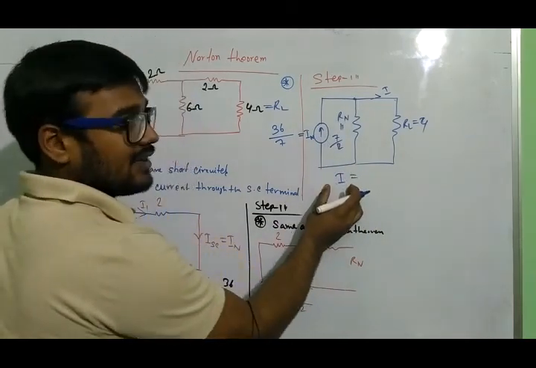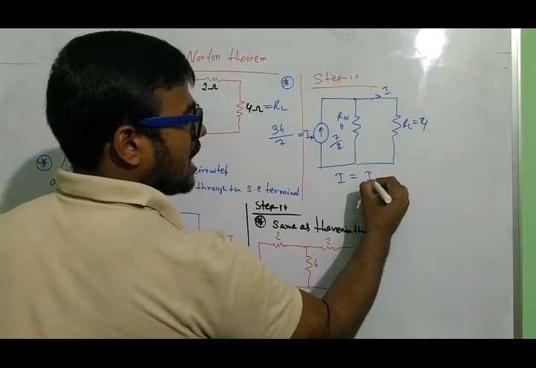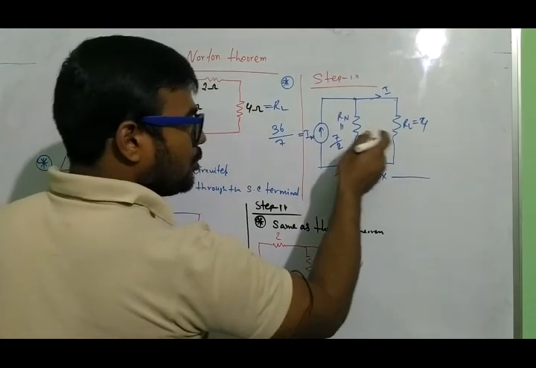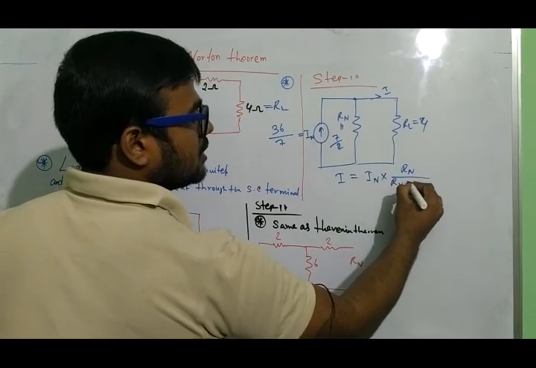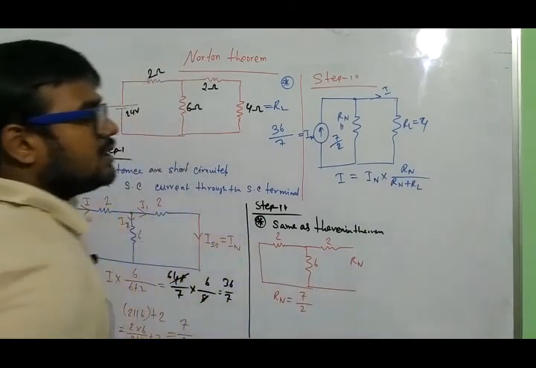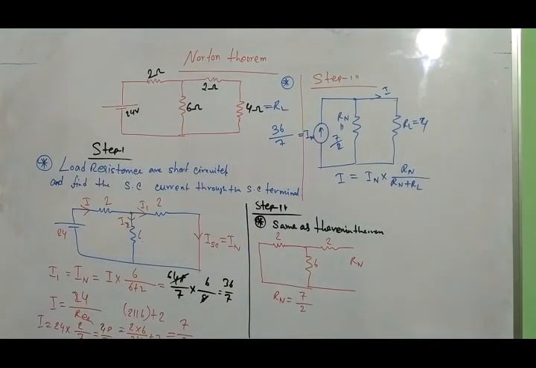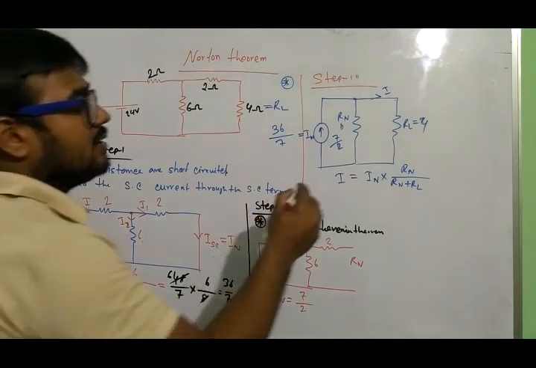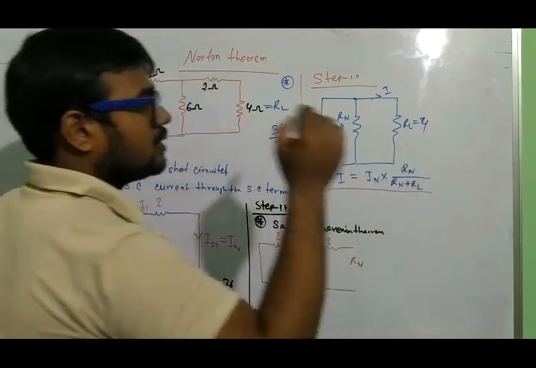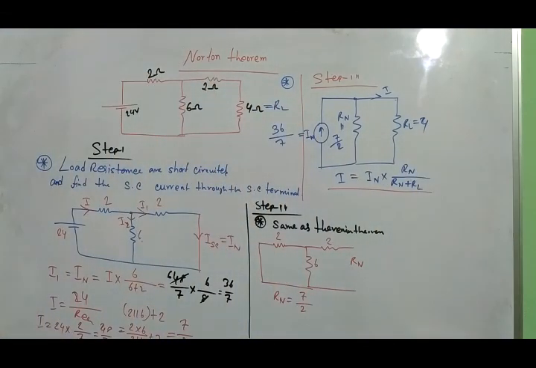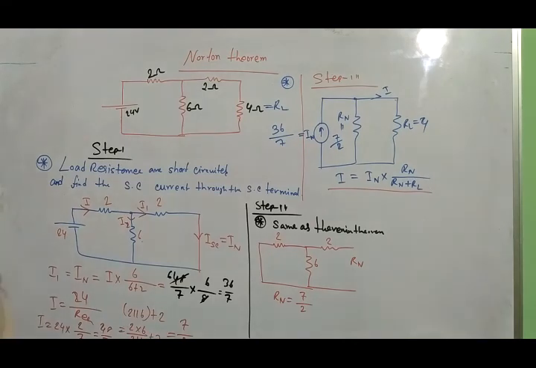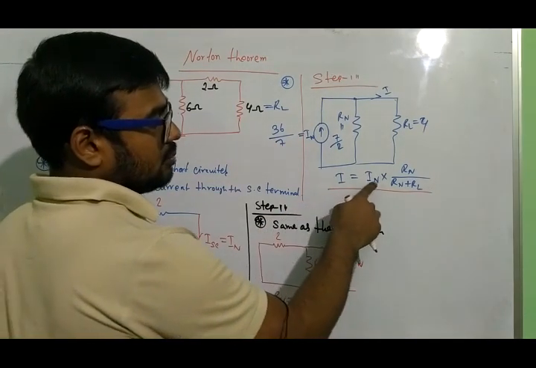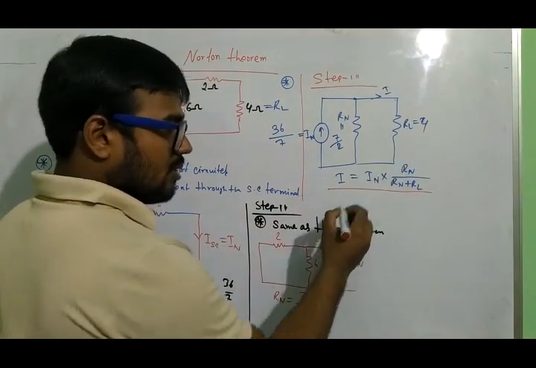So branch current equals main current, IN, into opposite resistance, Rn, by sum of resistance, Rn plus RL. Write down the formula because this is a most effective formula. Actually I have considered the current dividing rule only. Branch current equals main current into opposite resistance by sum of resistance.